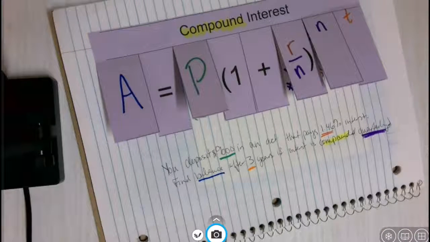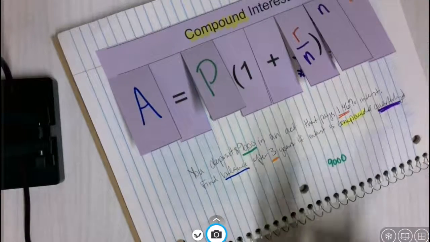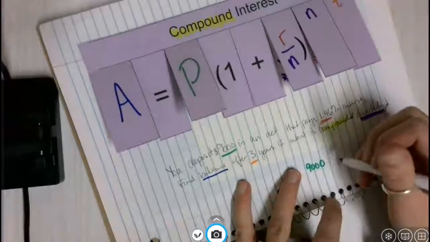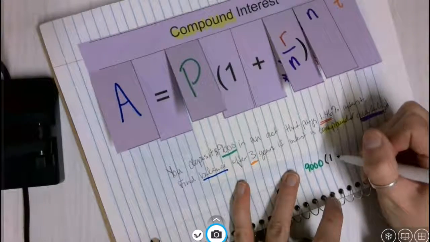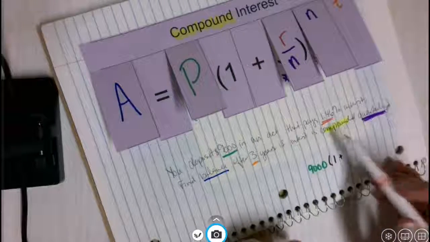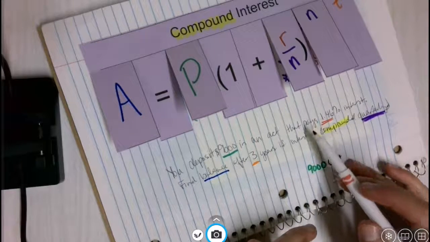So now I can go ahead and fill in the pieces that I need. So I have 9,000. And I'm going to definitely use colors here because it's really going to help my mind understand what we're looking at. So then I have 1 plus my rate, which I turn into a decimal. When I'm given this percentage and turn it to a decimal, I take the decimal wherever it is and I move it 2 places to the left.